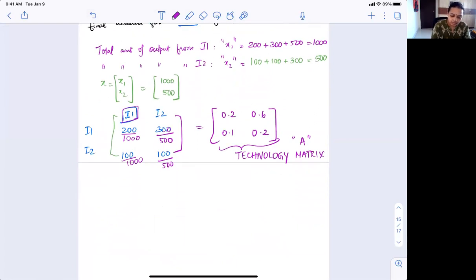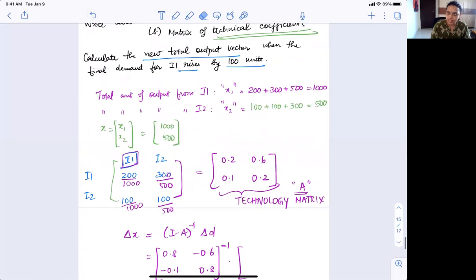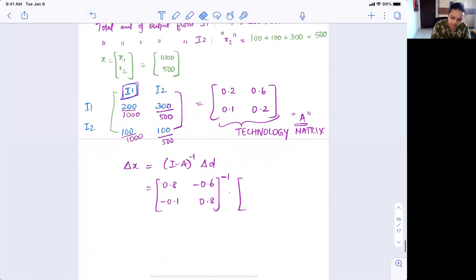So we know that delta X is (I minus A) inverse times delta D. I minus A is just an identity matrix minus this A, so I'm going to put 0.8, minus 0.6, minus 0.1, and 0.8 again. Inverse of that times delta D. Only the demand for I1 rises by 100 units, so this will be plus 100, and we have the 0.